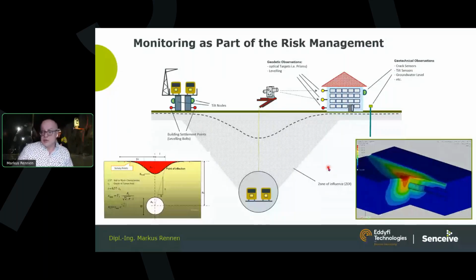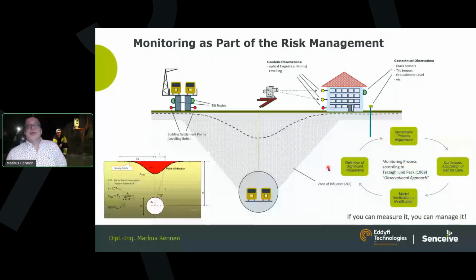These models nowadays are used to create monitoring models. Here, as in the modern way, as an observational approach, we have a certain model of impact of ground disturbance.